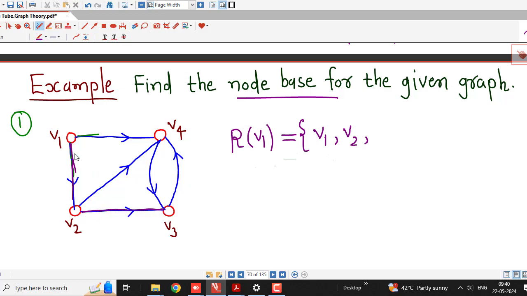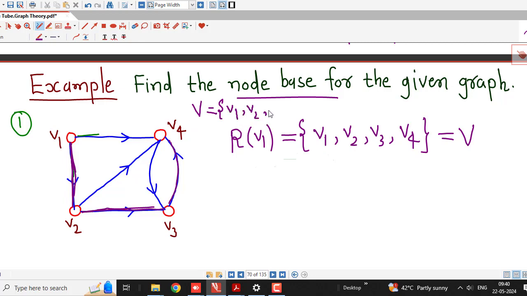V3 is also reachable from V1, so we write V3 here. And similarly, there exists a path from V1 to V4, therefore V4 is also reachable. So what do we obtain? We obtain all the vertices, that is, the vertex set of the given graph.